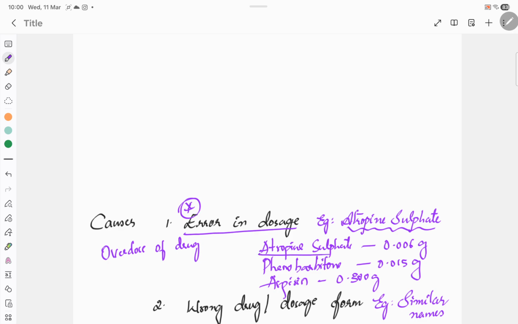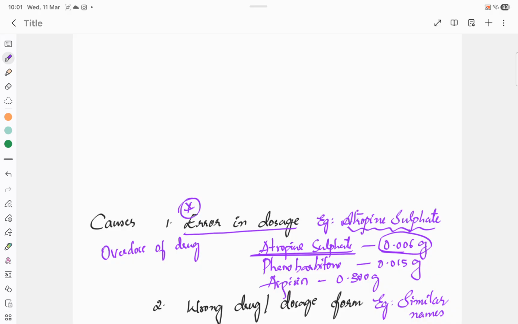Here the dose of atropine sulfate that has been prescribed is higher than the recommended dose. As soon as we identify that this dose is very high, the pharmacist should not dispense the medicine immediately. Instead, the prescription should be sent back to the prescriber for correction of the overdose.